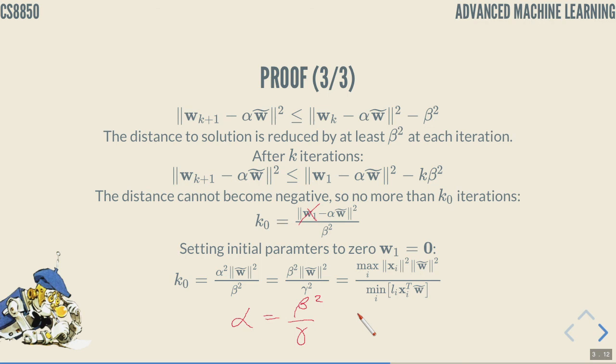So alpha squared is beta 4 alpha squared, gamma squared, and that's how we get gamma squared here, beta squared and beta to the 4th are cancelled, and then we'll just plug in the definition of beta squared. It's the maximum value of the pattern divided by the point that's at the minimal distance to this final solution.